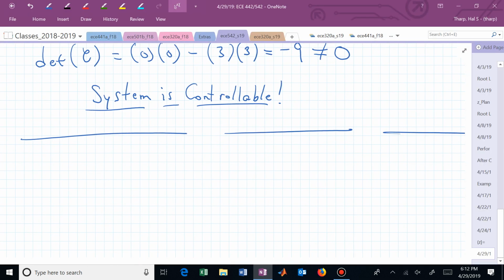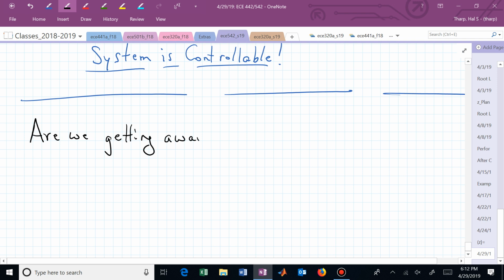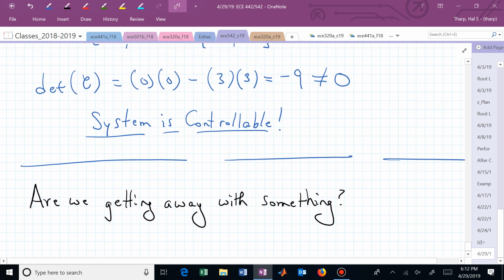Now, depending on how awake or asleep you are, I want to ask you the following question. Are we getting away with something? If you go back to what we have been doing up until Unit 8, did we have arbitrary freedom over where we could locate our triangles inside the unit circle?